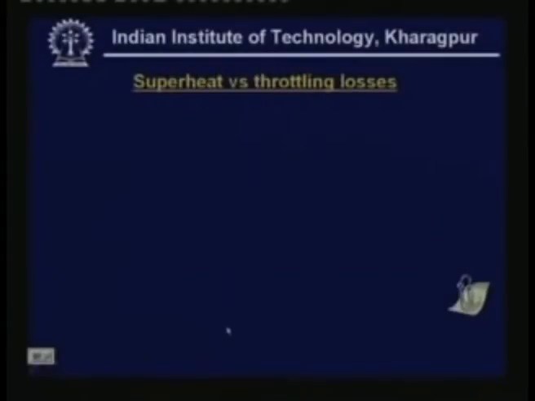Now let us quickly look at the differences between superheat and throttling losses. I have mentioned that because you have changed over from the Carnot cycle to the vapor compression refrigeration system because of some practical difficulties, two additional losses have been introduced: the first is the superheat loss and the second is the throttling loss. Now let us look at these losses.